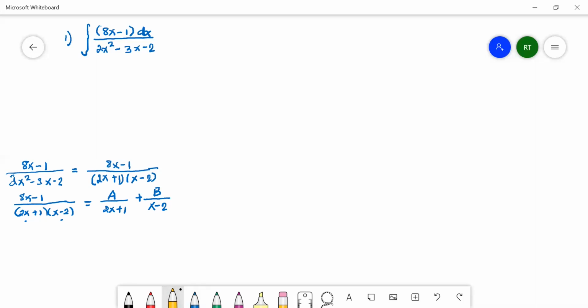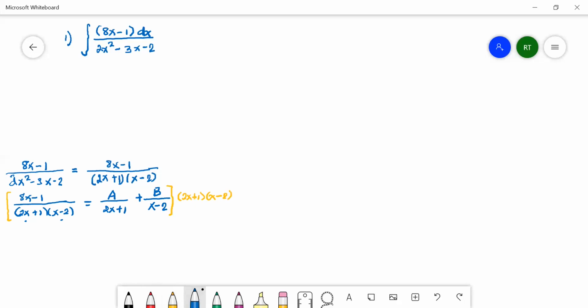And to determine the values of A and B, we can simplify the resulting equation by multiplying both sides of the equation by the LCD, 2x plus 1, x minus 2.